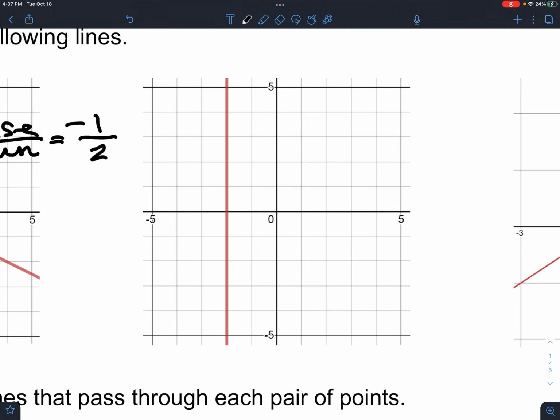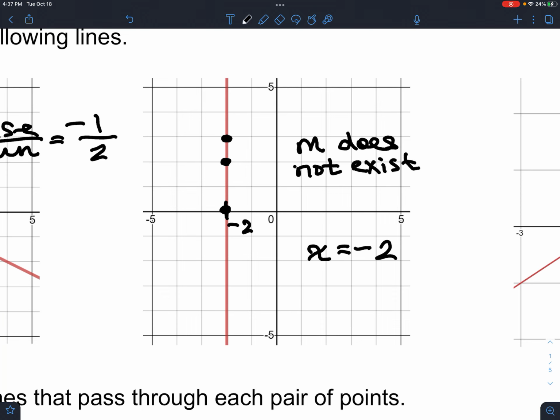Okay? This is a kind of a special case. This is the line x equals negative 2 because all the points on this line all have an x value of negative 2. And because it's vertical, the slope doesn't exist. And there's a few reasons why the slope doesn't exist.